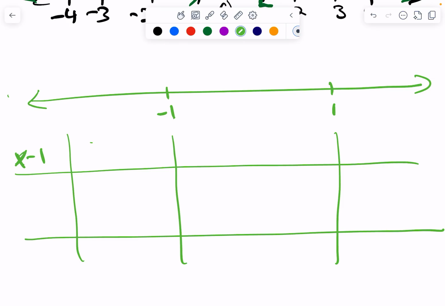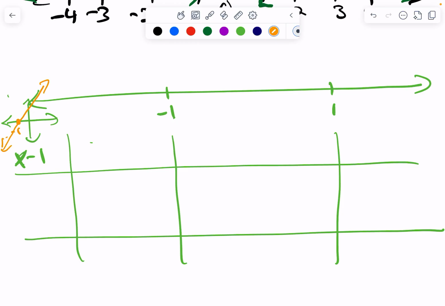So if I sketch this one on a number line right here, if we think about x minus 1, actually that's the wrong place. So -1 is right here. So where would it go if we graphed y equals x minus 1? It would look like this, right? Because it's a positive x.